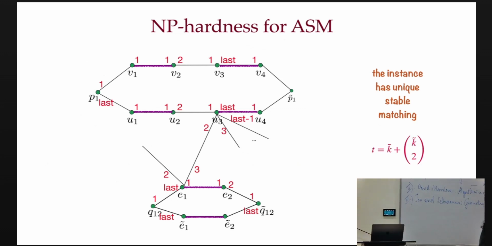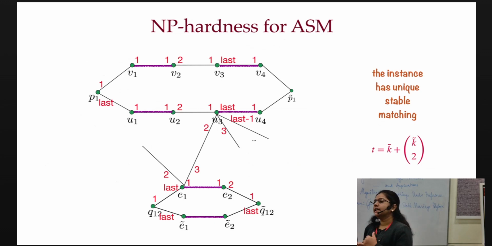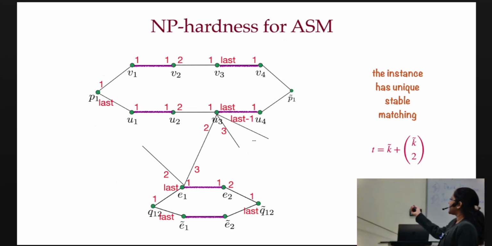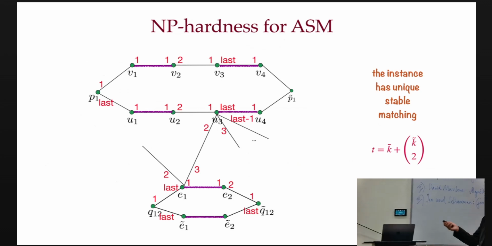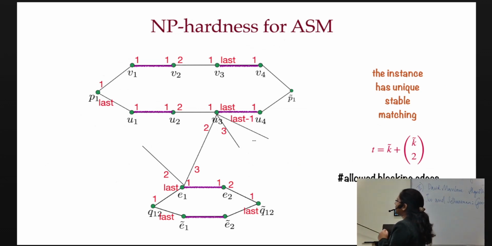Let's say I want to construct an instance of ASM. So I constructed my graph. Now I need to talk about T and K. So T is, let's say, K tilde plus K tilde choose 2, and my allowed blocking edges is also the same, let's say. Tell me how many unsaturated vertices there are with respect to this stable matching.